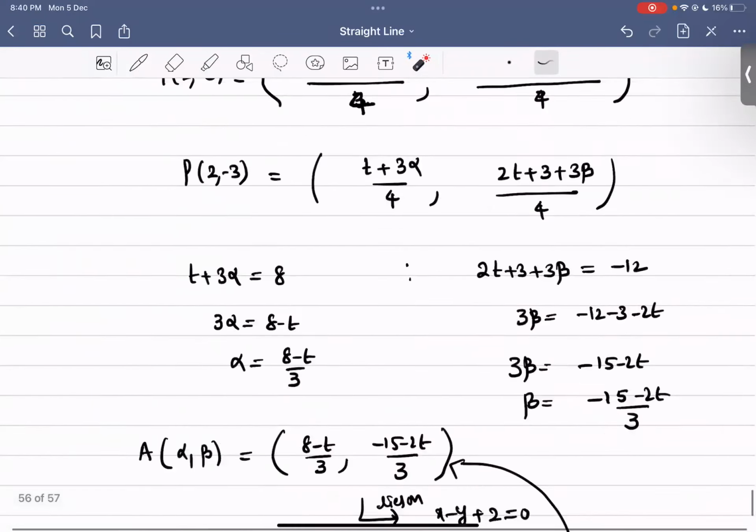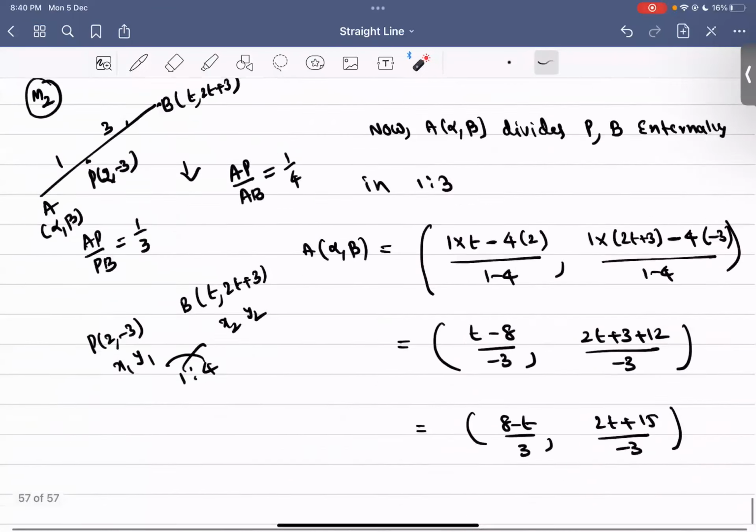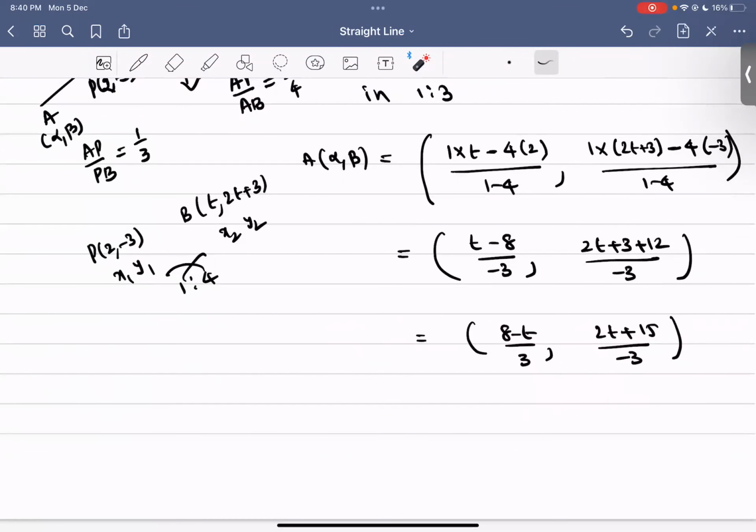Here we have done much algebra; we avoided that algebra. Clear? So now the remaining part is the same.